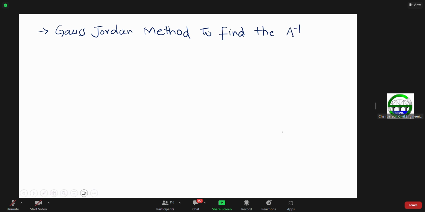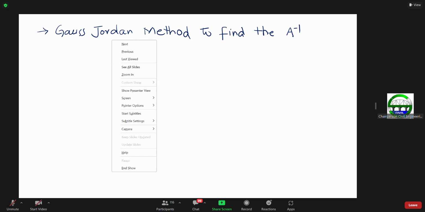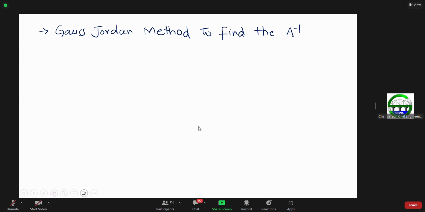To find the A inverse, it is easy, but you have to clarify these three operations that I mentioned. The rule is really simple. I think we have already studied this in our school, in the basic classes of your maths. Wait, let me write.